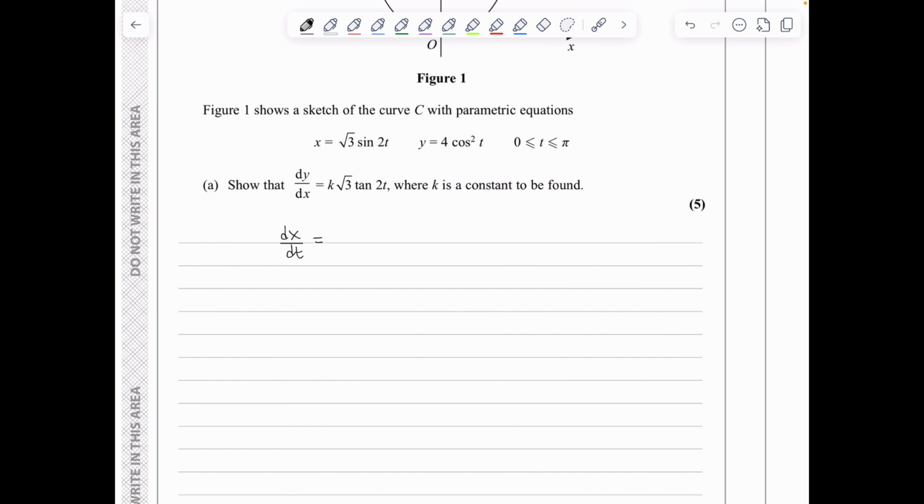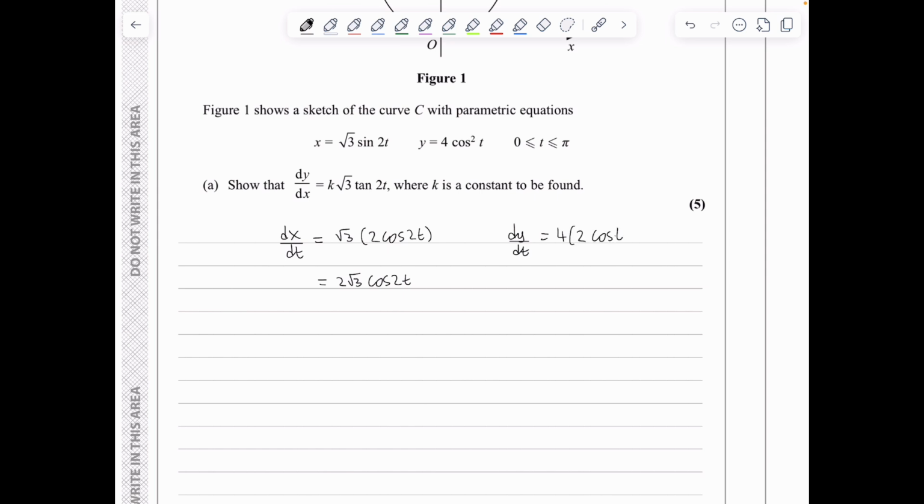So dx/dt is root 3, and the derivative of sine 2t will simply be 2 cos of 2t, which gives me 2 root 3 cos of 2t. And for dy/dt, we need to differentiate 4 cos squared t, the expression for y. So it's 4, and we get the power down.